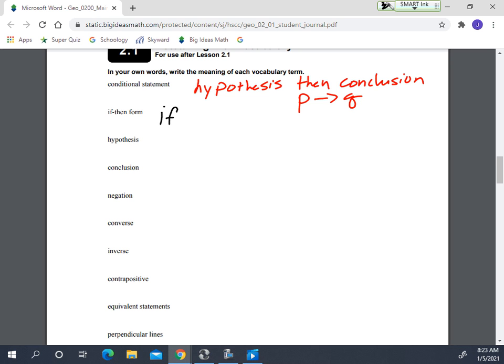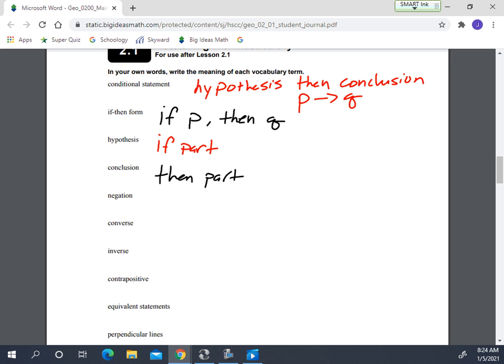If hypothesis, so P, then conclusion, Q. So if something, then something. Hypothesis is the if part. I'm really breaking these down. Conclusion is the then part. These are my own words. You can write these down in your own words if you'd like, but this is what I am writing.